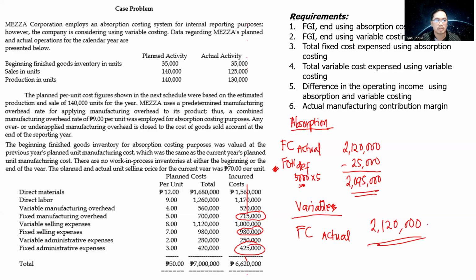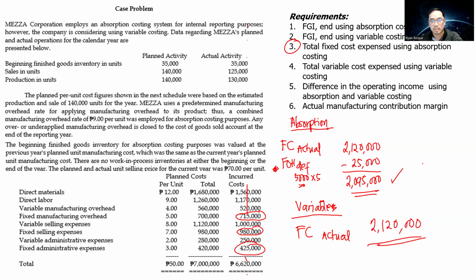None will be deferred because FOH is not part of the product cost. But to answer number three, the answer is 2,095,000. So either you make use of the long story, wherein we consider the over or under applied fixed overhead, or we can just make use of the shortcut under absorption costing method. Okay, so let's answer number four.